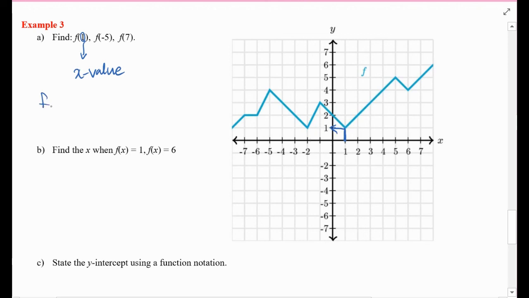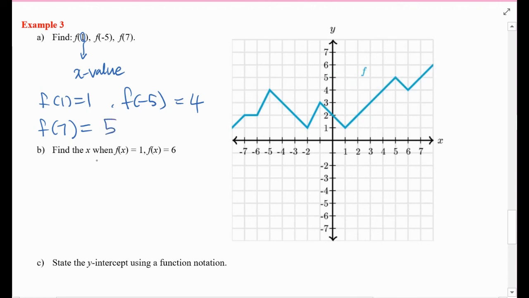The output is 1. So f of 1 equals 1. What about f of negative 5? F of negative 5 is positive 4. What about f of 7? F of 7 is positive 5. Okay?